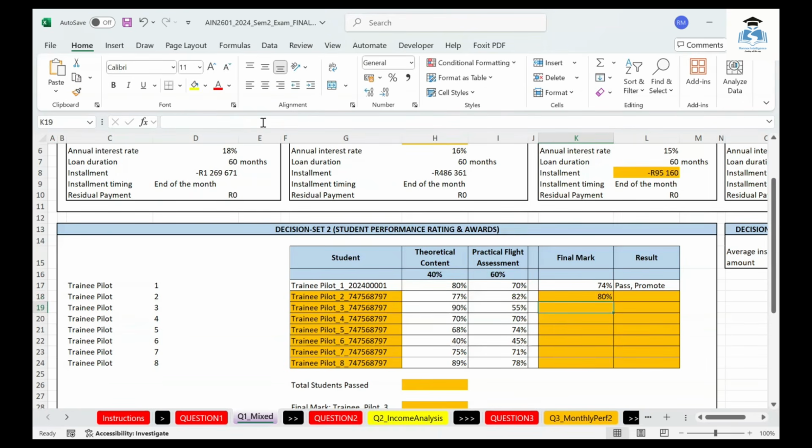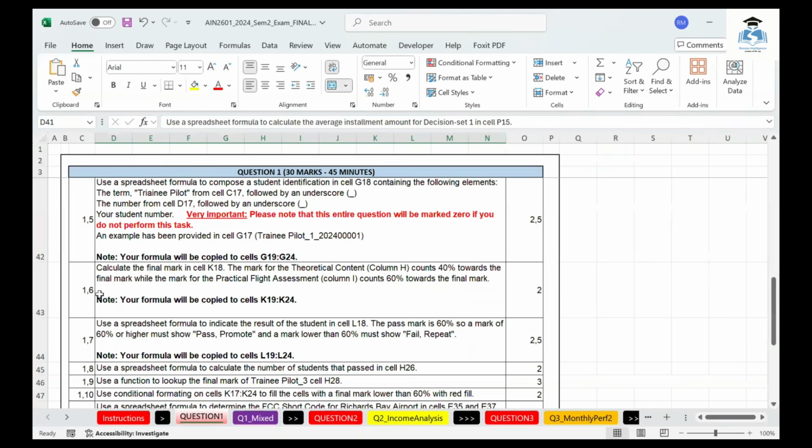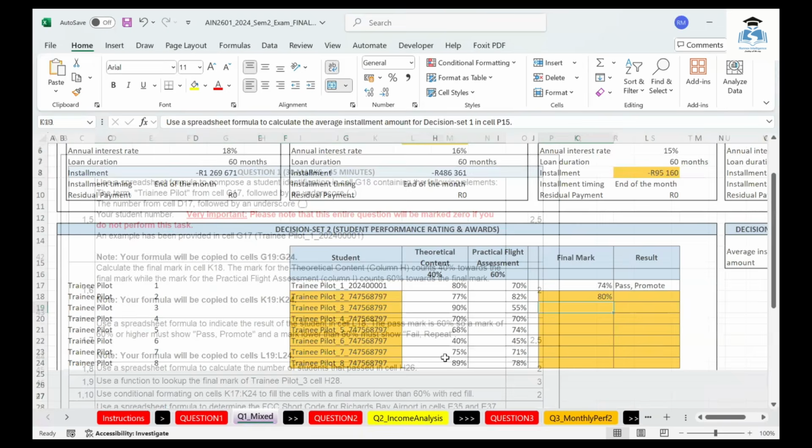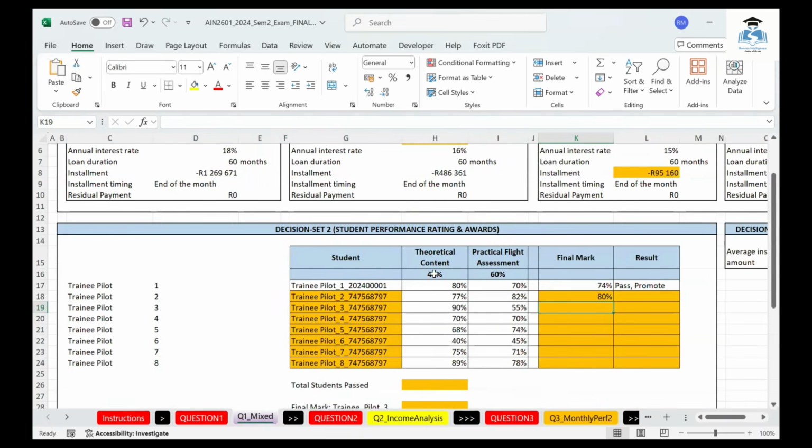Okay, we're calculating the final mark. We've been told that theoretical content accounts for 40% of the final mark, and the practical, 60%. So we're taking 40% of the theoretical column and adding 60% of the practical column to make the final mark.